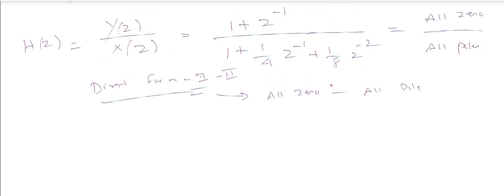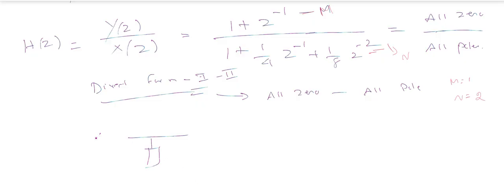The all zero part is 1 plus z inverse, so X of z with 1 delay element. Here m is equal to 1 and n is equal to 2.